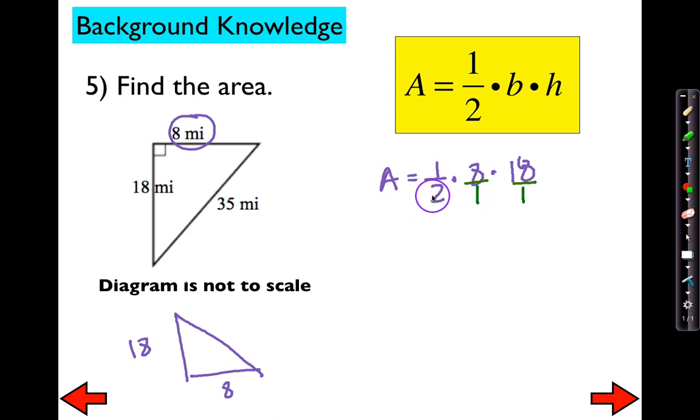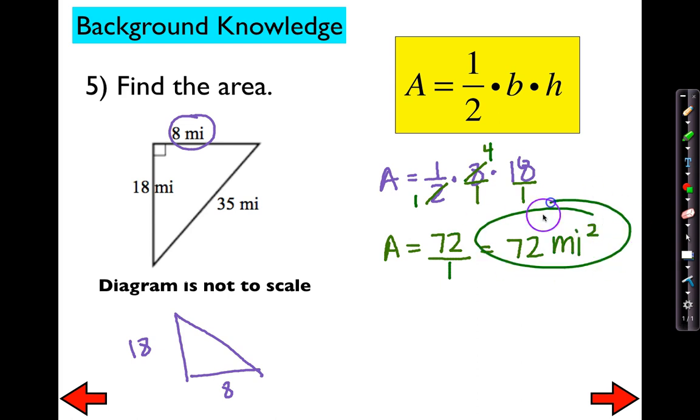So here I'm noticing a 2 and an 8 have a 2 in common that we can reduce by. 2 divided by 2 is 1, 8 divided by 2 is 4. So now area is 1 times 4 times 18, which should give you 72. And 1 times 1 times 1 is just 1. So my final answer is going to be 72 miles squared.